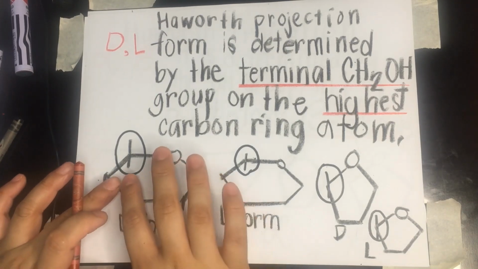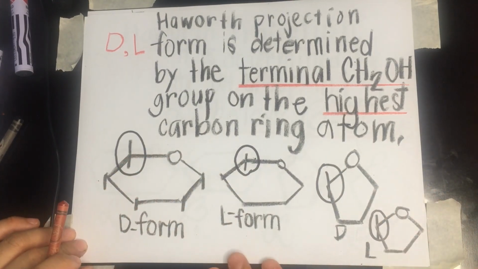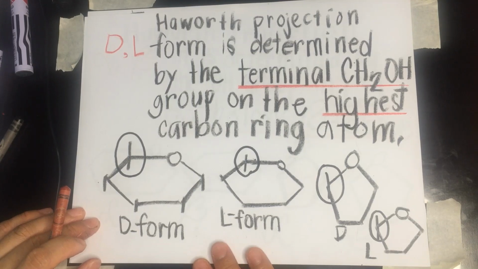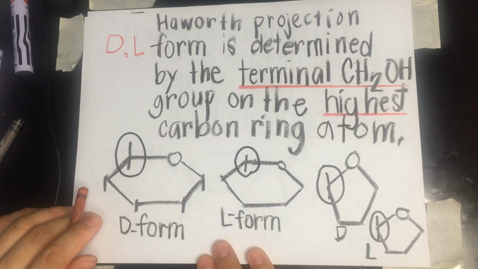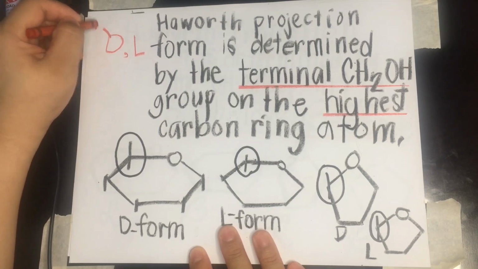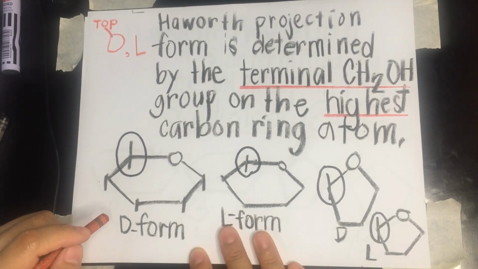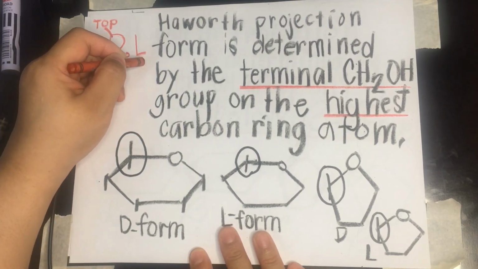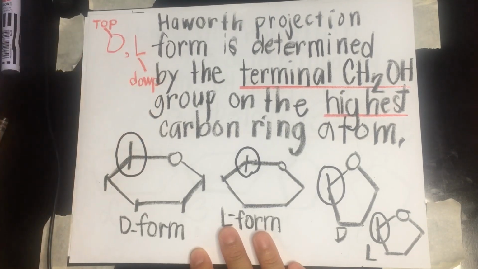Now, after we were able to locate the one with the highest ring form, it is time for us to determine how the D and the L are formed. For the D form, we always put the CH2OH on top. For the L form, we always put the CH2OH below. Okay? So, up, down.